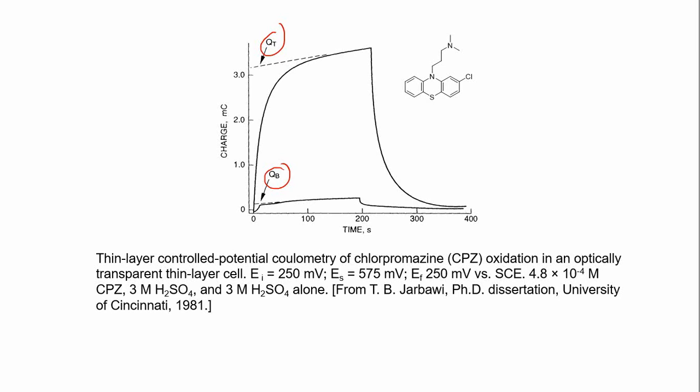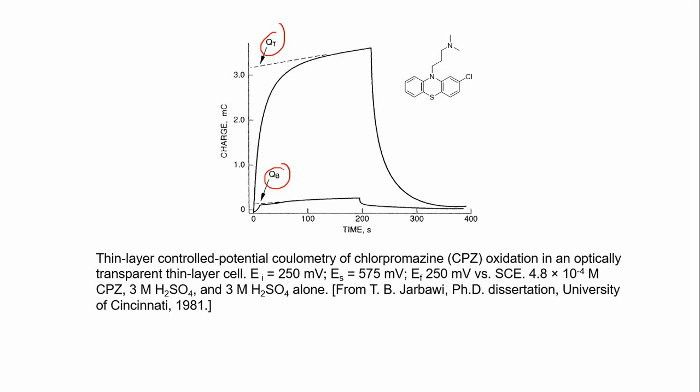Now this kind of experiment is quite simple. What we do is that the thin layer cell is pre-calibrated, and the volume is carefully chosen, and after carefully choosing a volume, we pre-calibrate the cell according to that volume.